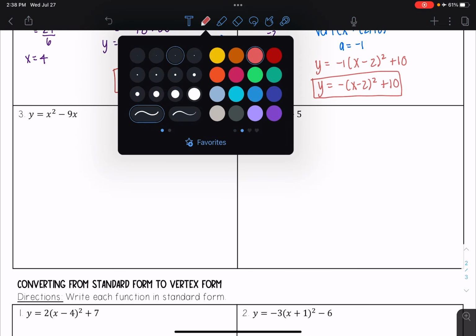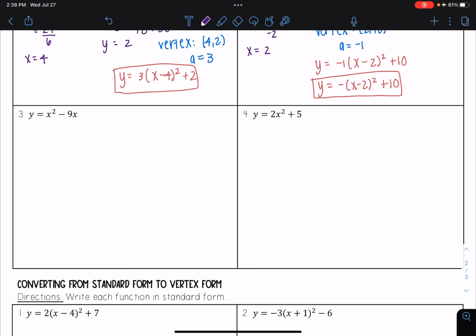Okay, looking at number 3, I see that we are missing a term. We don't have the 3 terms. And here I am missing that last term, that one that doesn't have an x with it. So to replace it, I'm just going to say plus 0 at the end. Now I'll go ahead and label my a, b, and c. So I see here that my a is just equal to 1, because there's no number in front, so there's really an invisible 1 there.